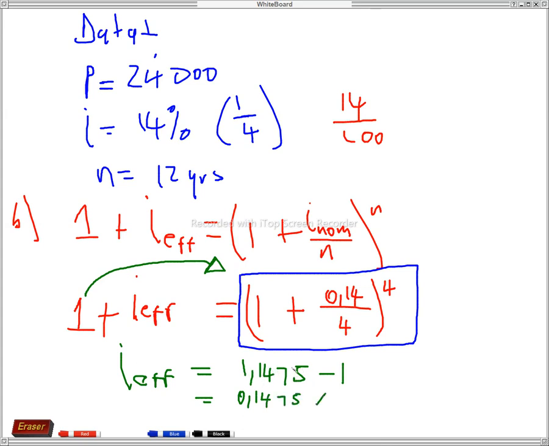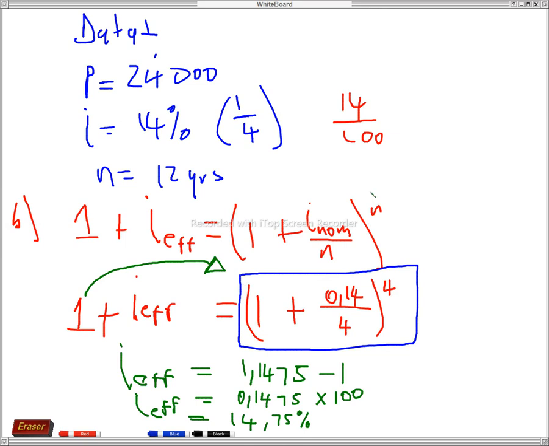Therefore you just multiply this by 100 so that you get your answer as a percentage, and I get 14.75%. Let me just leave it like that.